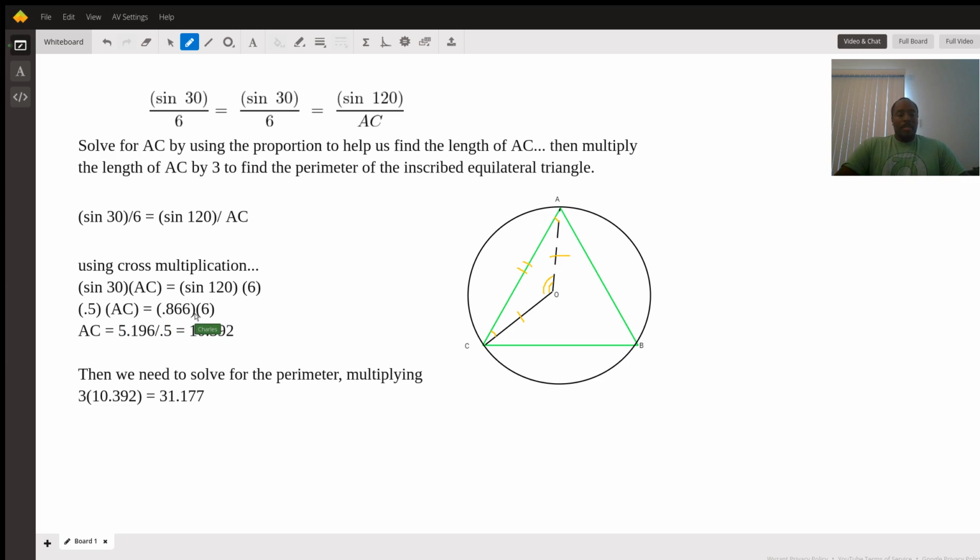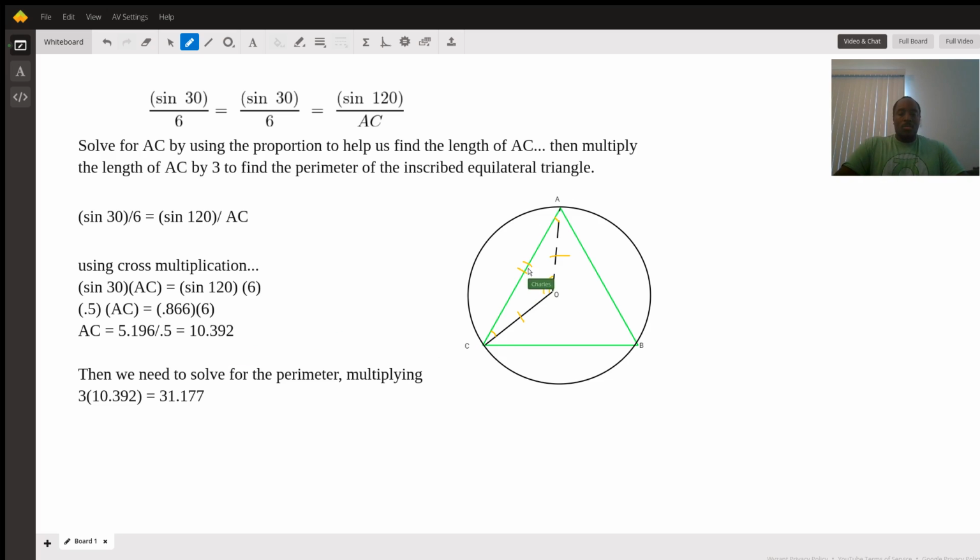I'm rounding roughly. Therefore, when we divide both sides by 0.5, AC is equal to 5.16 divided by 0.5, which equals 10.392. Now, we're not done yet.